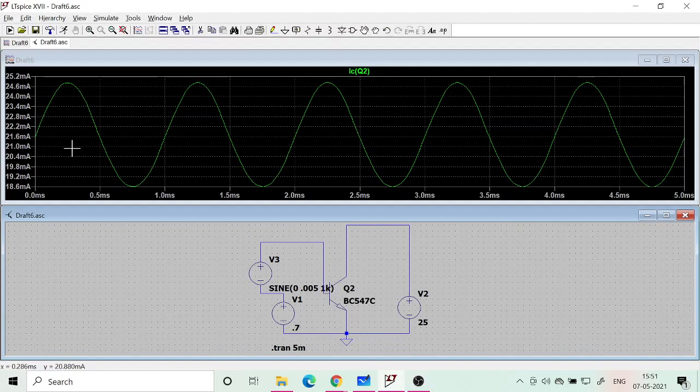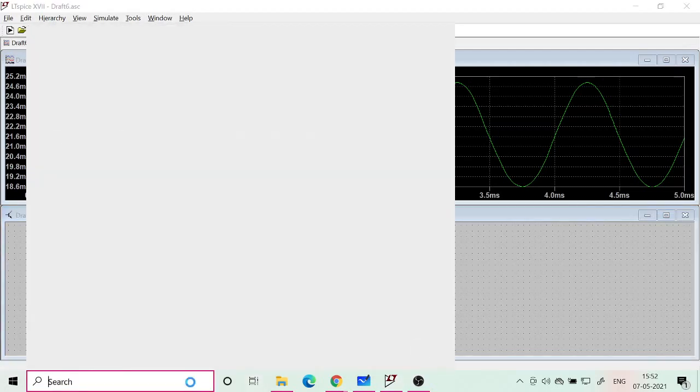So 18.5 to 25, that is 5 plus 1.5, so 6.5 milliampere. So delta IC is 6.5 milliampere, and delta IB is equal to 11 microampere. You take the ratio, you get the current gain. Okay, so that current gain is basically your beta.